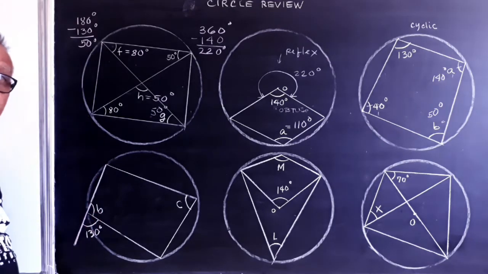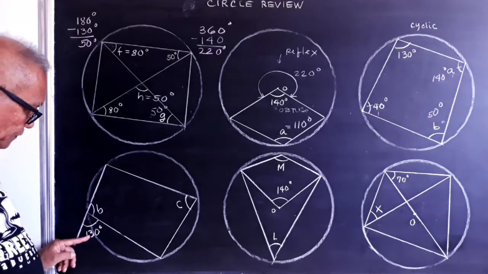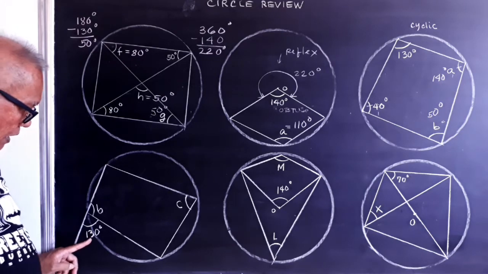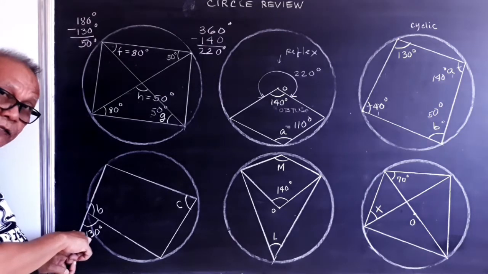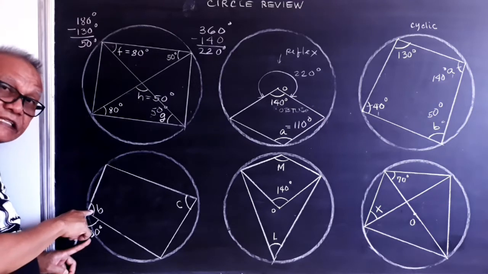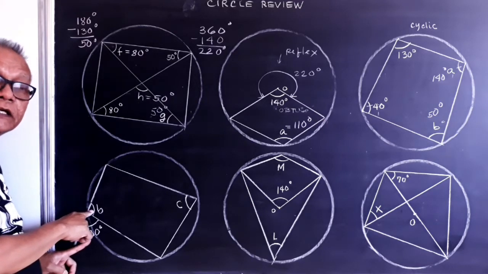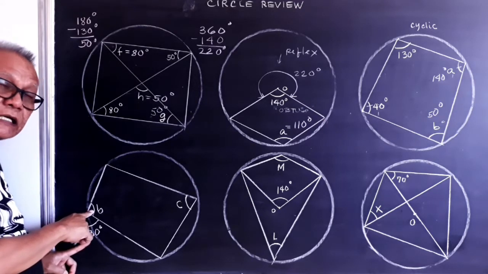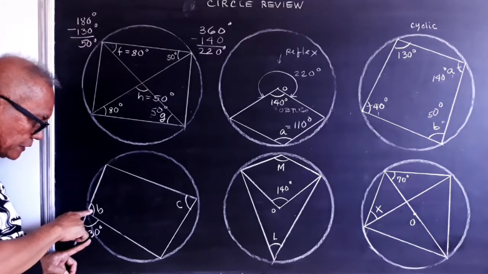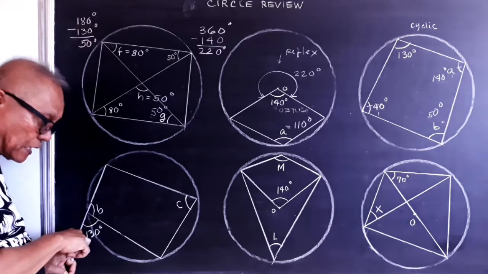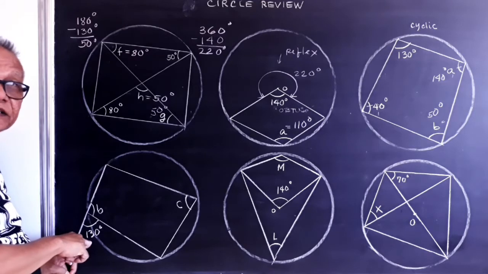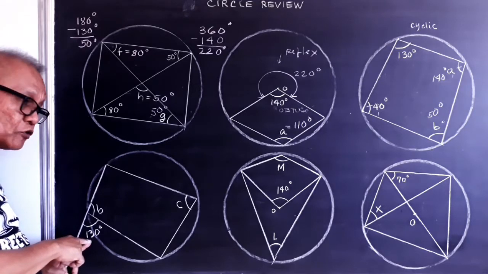We call that the alternate segment here. Now, apply this one, and you have the interior of one of the angles of our cyclic quadrilateral. The opposite of this one, which is C, is equal to 130 degrees without computation.